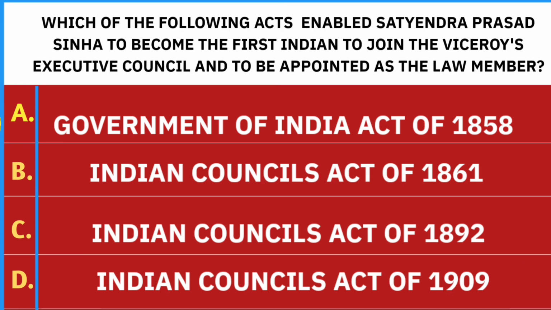Which of the following acts enabled Satyendra Prasad Sinha to become the first Indian to join the Viceroy's Executive Council and to be appointed as the law member? The right answer is D. Indian Councils Act of 1909.